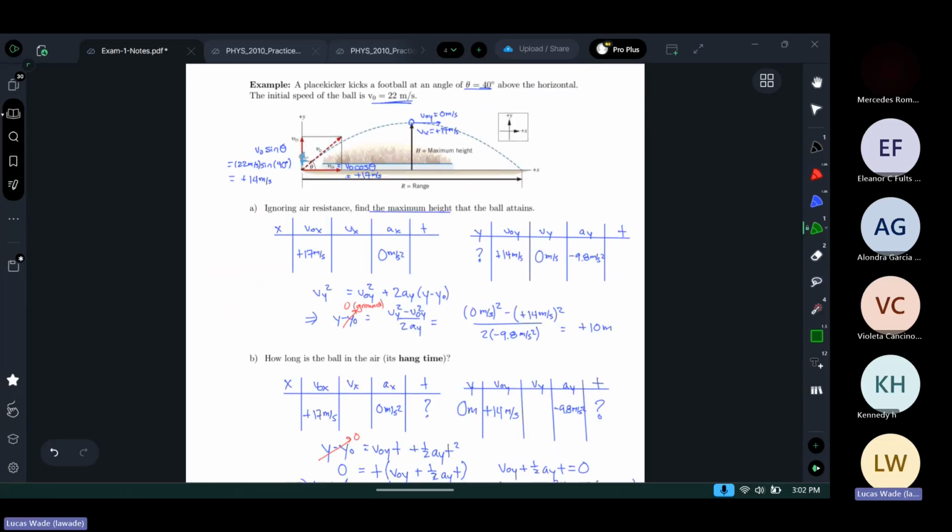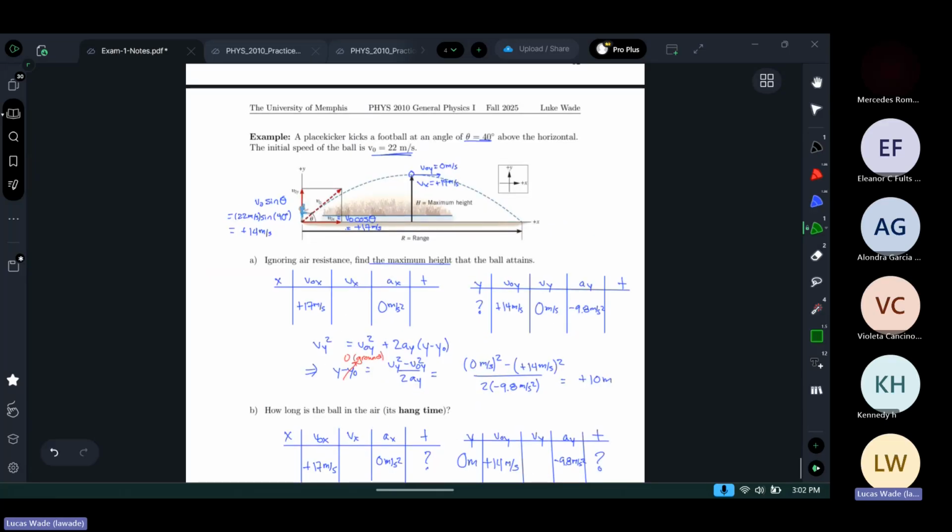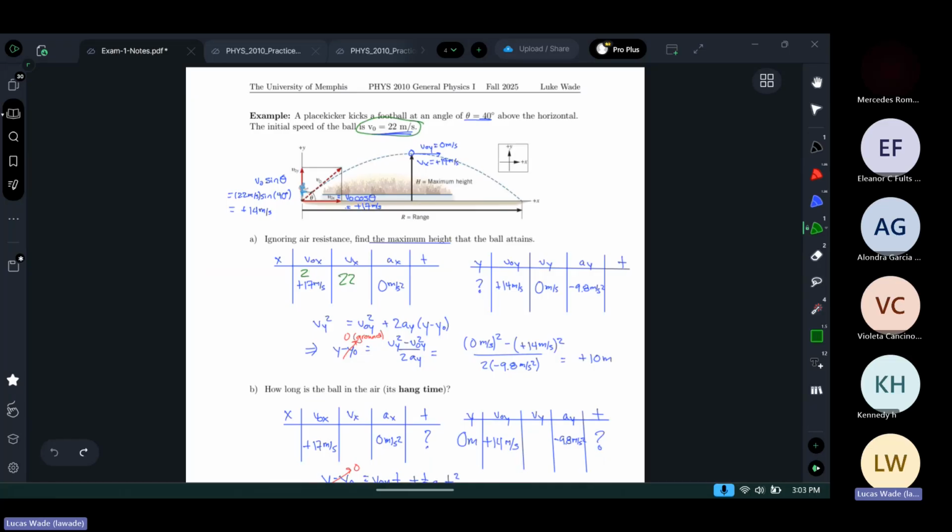And the final thing that people mess up with these is if I give you the speed of the ball, I can't put 22 right here. I guess the initial would be where I'd try to put it. I can't do that because then I'd be saying, all right, it's launched at 22 meters per second to the right and 22 meters per second upward.